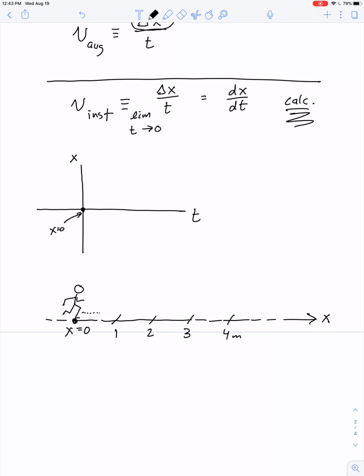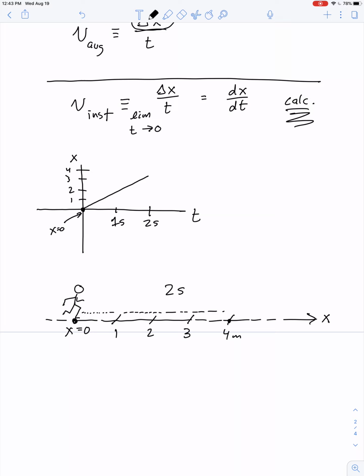They keep the same pace for the first meter as they do the second meter. Then that graph is just going to look like some straight line. So if I want to find the average speed, let's say they travel 4 meters in a time of 2 seconds. 1 second, 2 seconds. 1, 2, 3, 4 meters.